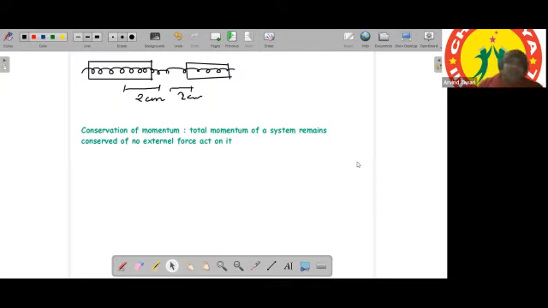So for example, a very simple case: if we take two objects moving with some velocities, let us say you have object 1 and object 2.